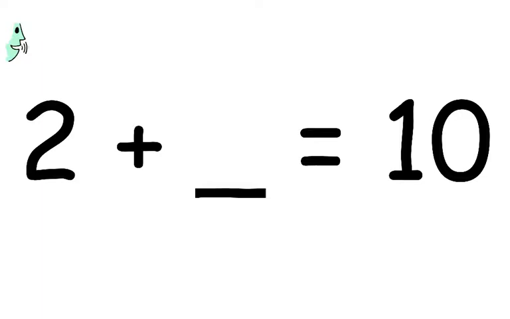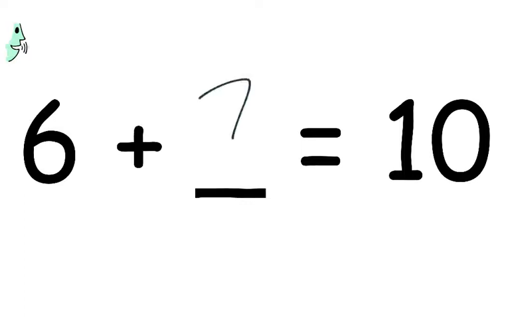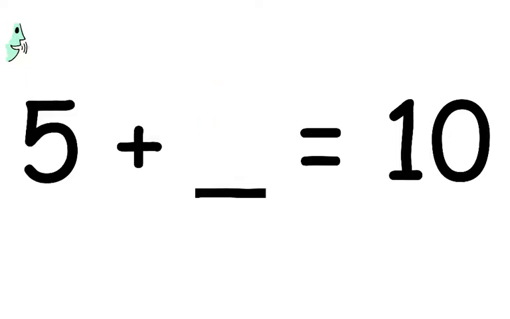Okay, now we have to fill in the missing part. So 2 plus blank equals 10. 2 plus 8 equals 10. 9 plus question mark equals 10. 9 plus 1 equals 10. 6 plus question mark equals 10. 6 plus 4 equals 10. 5 plus blank equals 10. 5 plus 5.